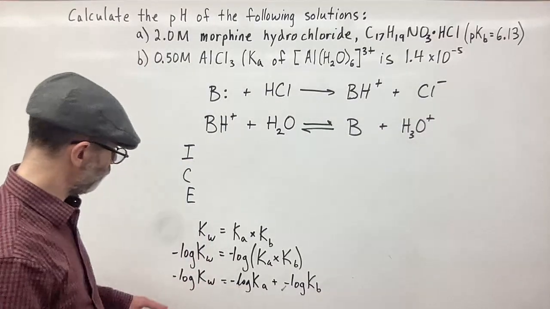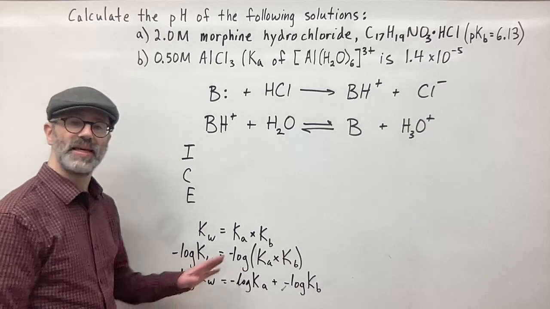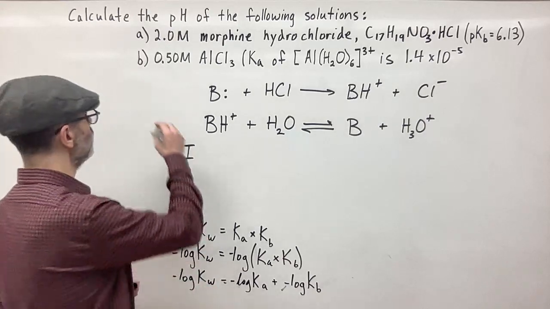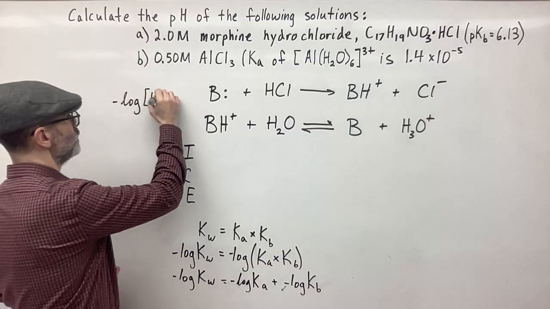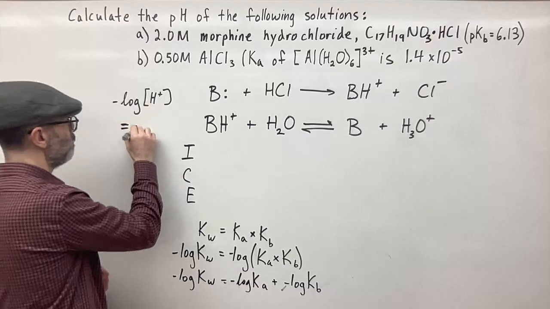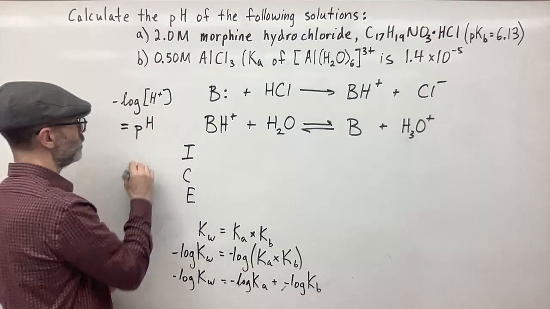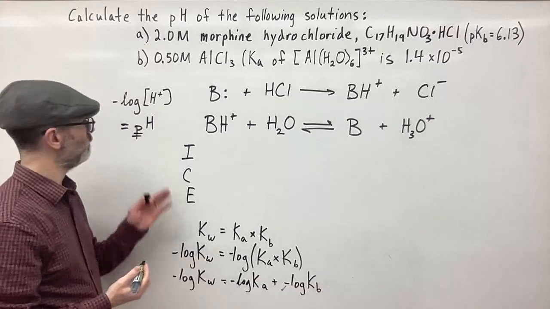And if you remember, if you take the negative log of something, that becomes p something, right? So the negative log of your H plus concentration ends up being equal to pH. So the p part of it means you're taking the negative log of that value.